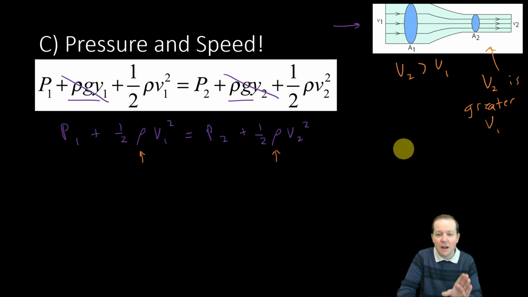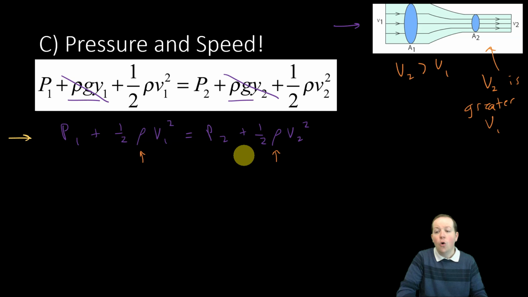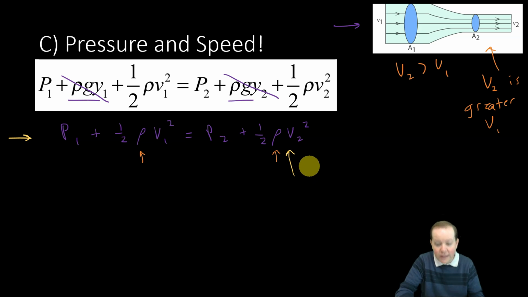That means something very important from Bernoulli's principle. Now looking down here at Bernoulli's principle, what we learned before is that this speed, this V2, is larger. It is a bigger value. Well, team, let's think about this for a second.